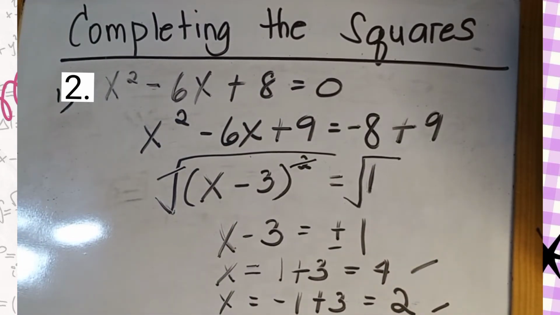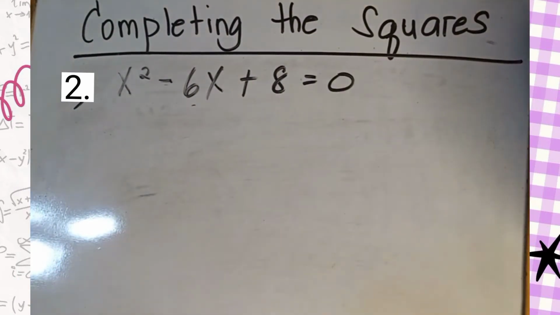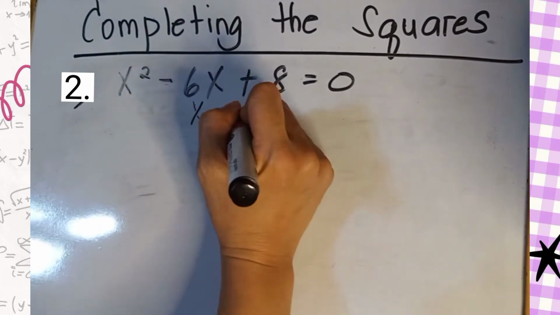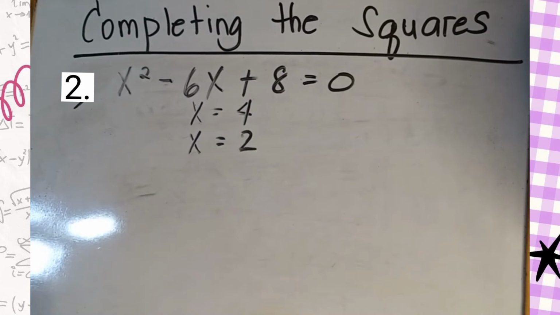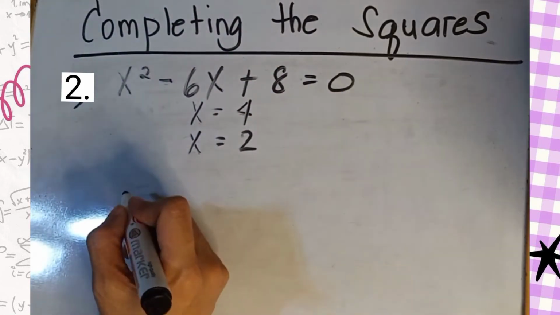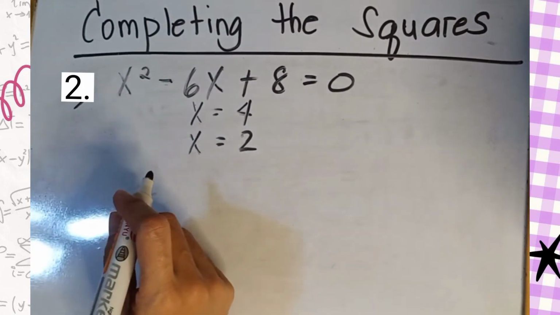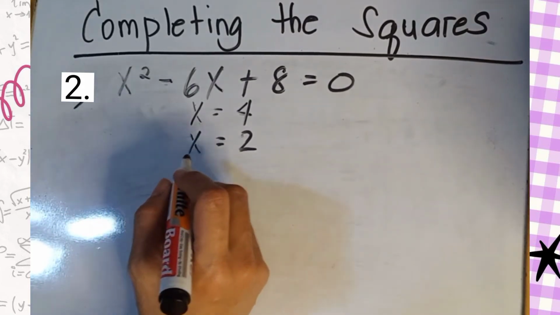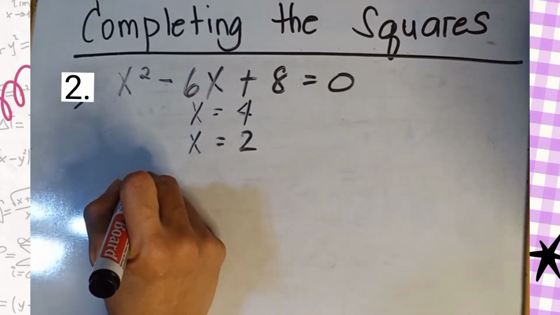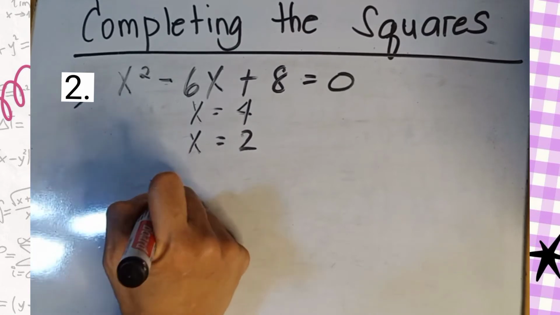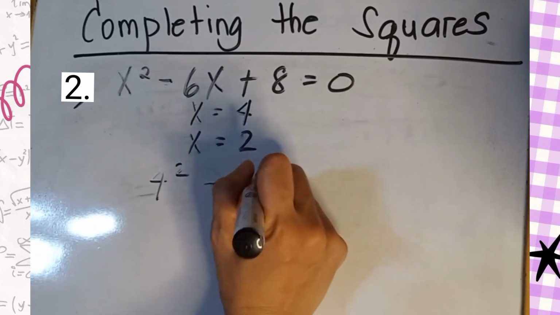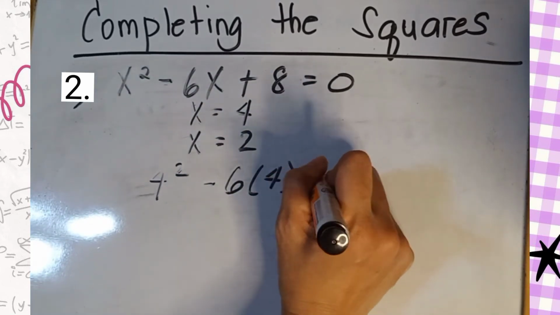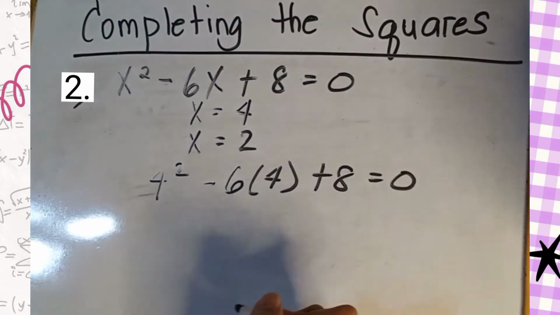So, let's check our answer if it is correct. Okay, so sabi natin, x is either 4 or 2. So, let's check if the x is 4. Tingnan natin kung tama yung equation natin. So, by replacing 4 dun sa lahat ng x, we have 4 squared minus 6 times 4 plus 8 is equal to 0.